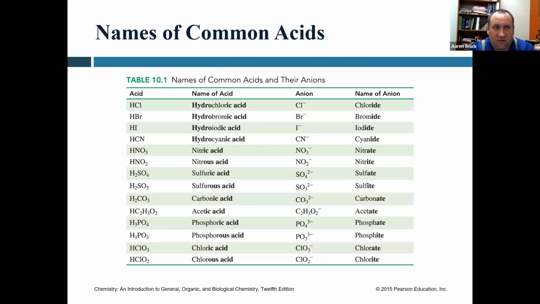This is a list of common acids, and the majority of them are acids that we would find just laying around the house or in a laboratory setting. Hydrochloric acid is an acid that we can find in the house, and it comes in a variety of different forms. Different kinds of cleaning agents might contain hydrochloric acid. Nitric acid and sulfuric acid tend to be acids that we find in the laboratory.